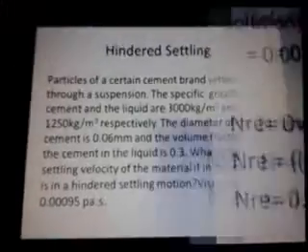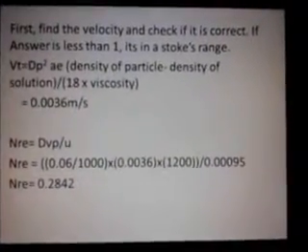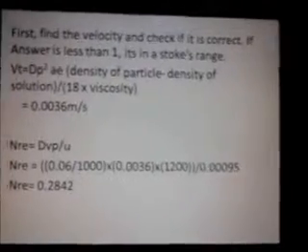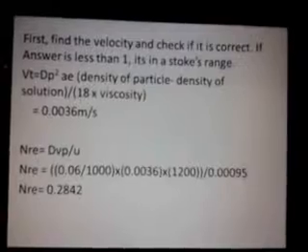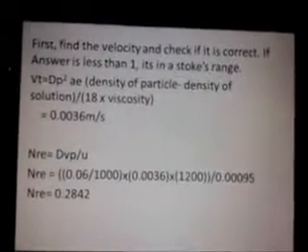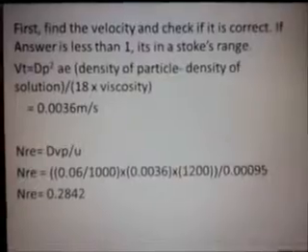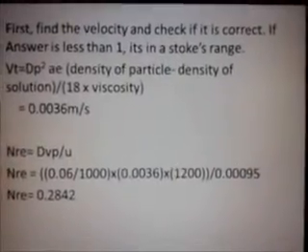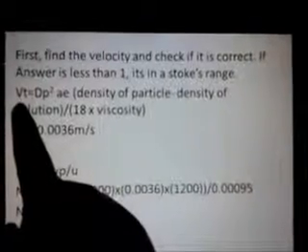So the solutions part. First, find the velocity and check if it is correct. Normally the hindered settling problem is always assumed to be in the Stokes range. So if the answer is less than 1, it's in the Stokes range, and the assumption is correct. So first find the velocity.